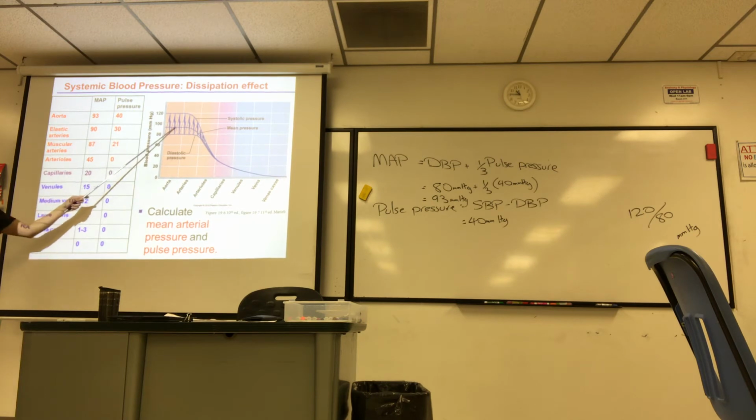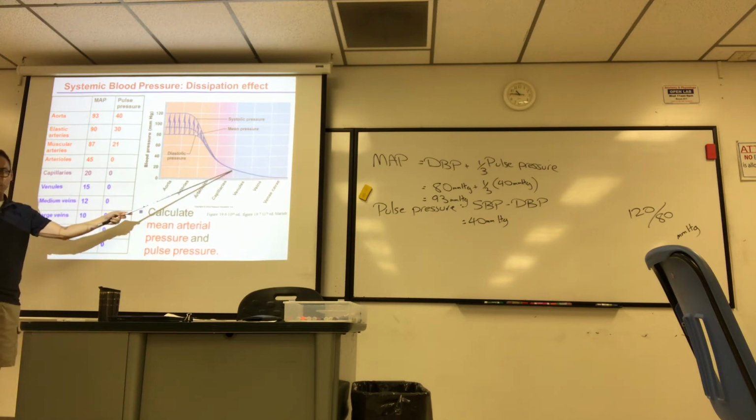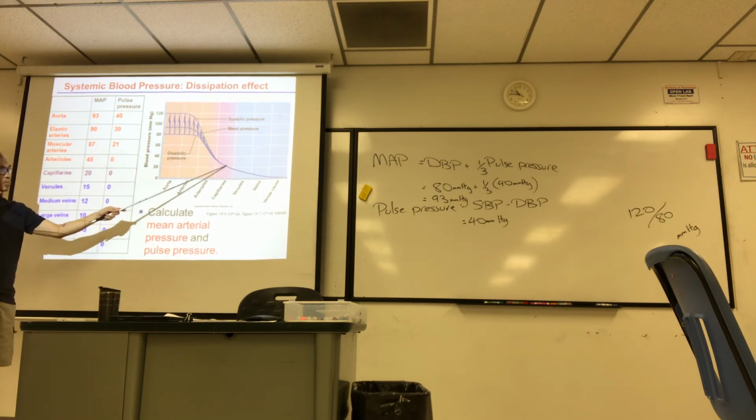You notice you get a really large drop-off in pulse pressure and absolute pressure when you get to arterioles. When I say absolute pressure, I just mean pressure. It's 93, but by the time you get to capillaries, it's like 30/20. It drops off really quick. When you get to capillaries, there are no pulse pressures.